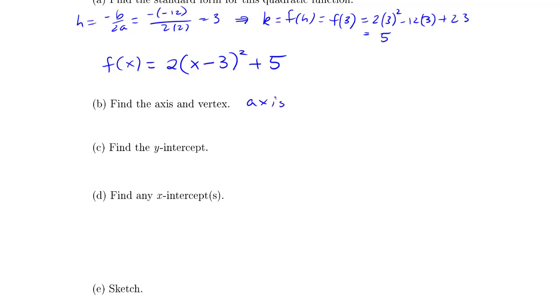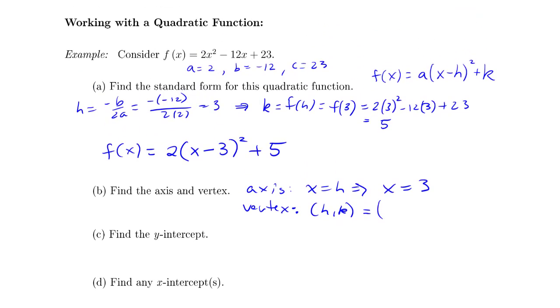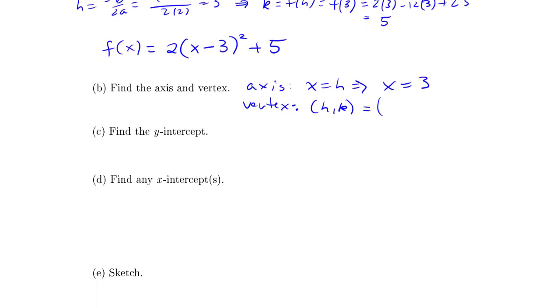Well, the axis was just x equals that h value, so that would just be x equals 3. And the vertex is just the point (h, k). And so I found previously that that was (3, 5).